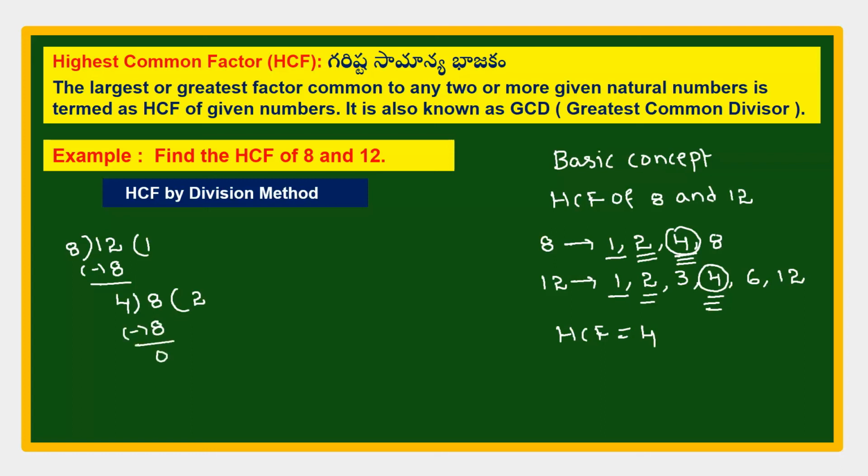So we got remainder 0. So last divisor is here 4. So last divisor 4 will be the HCF of 8 and 12. So HCF equal to 4.